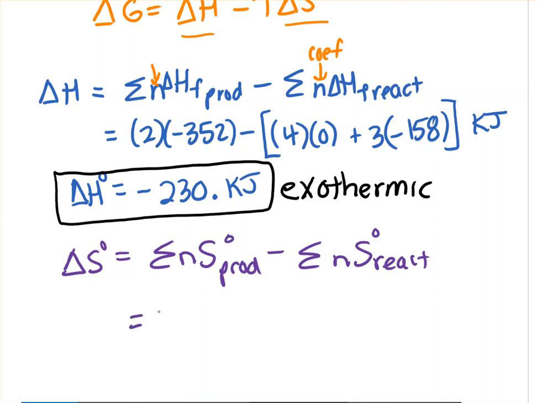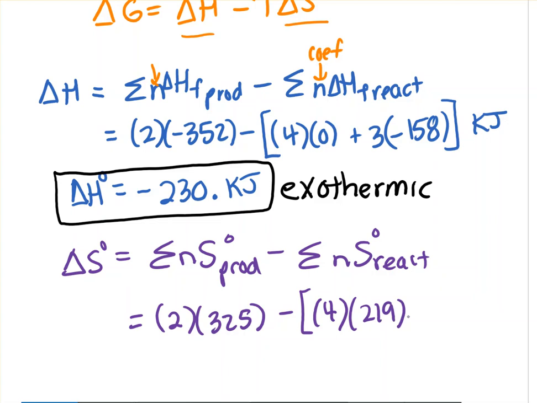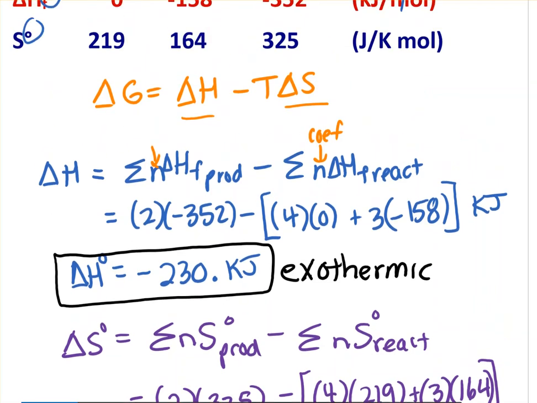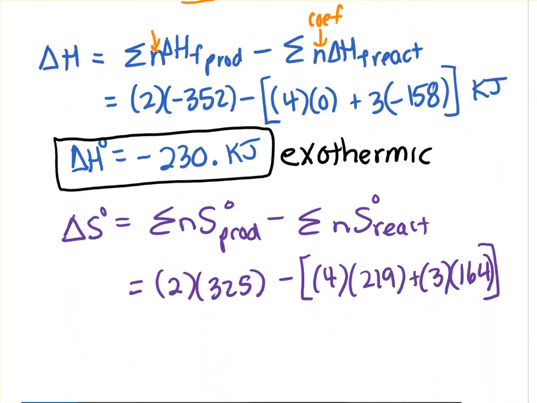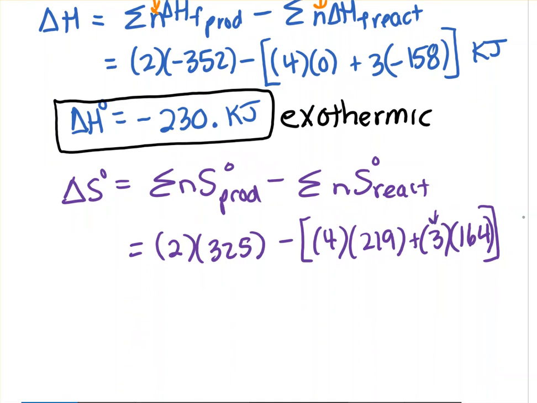I don't always show them all the way down, but the unit on entropy is joules. If we come up here, it's joules per K mole. The mole is canceling on this because of the coefficients. Again, these are the coefficients from the equation. So the units on this whole part are joules per K.